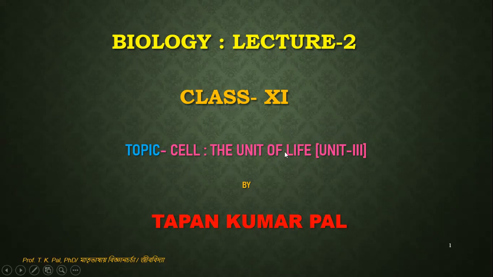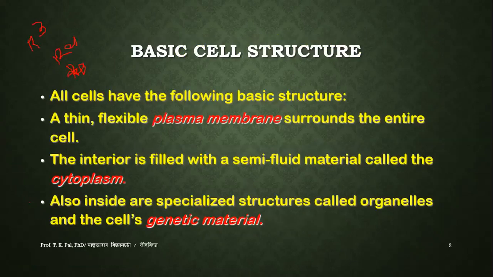So these 3 together form the unit 3, and 10 marks question are asked in your examination from this section. Actually 10 to 15 marks asked. You have to attend 10 marks. Options are there actually. So let's start here.